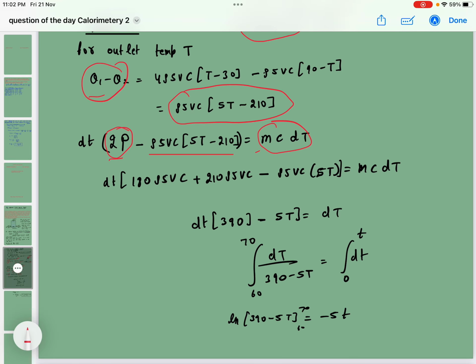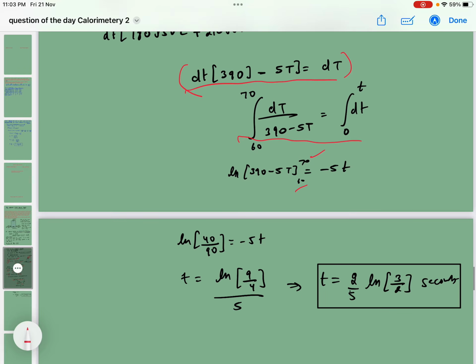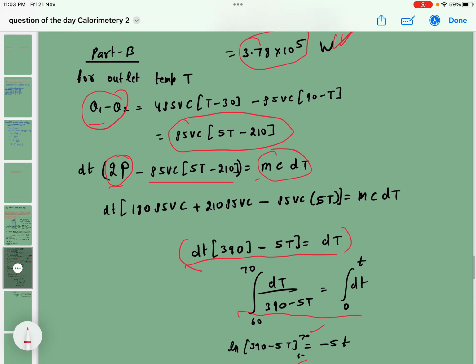Taking the log format and then solving, finally, initial temperature is 60, final is 70. So this time I am getting by calculation 2 by 5 ln 3 by 2 seconds, right? So dear students, what is the specialty here?